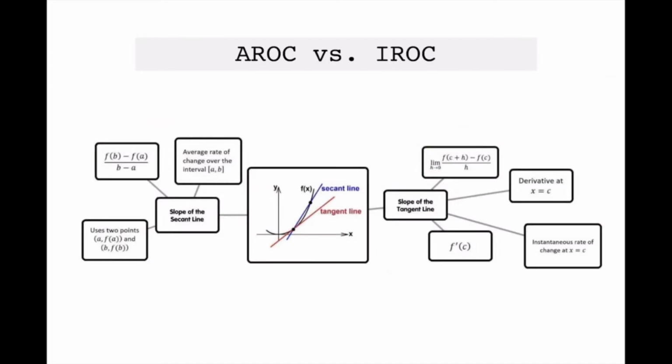This in words is a derivative at x equals c, and in symbols it's f prime of c. We can also interpret this as the instantaneous rate of change, or just plain rate of change at x equals c. So again, I know we've been talking about several different ideas, but really they're all very much related. I hope that this mind map can help you organize the ideas a little bit more.